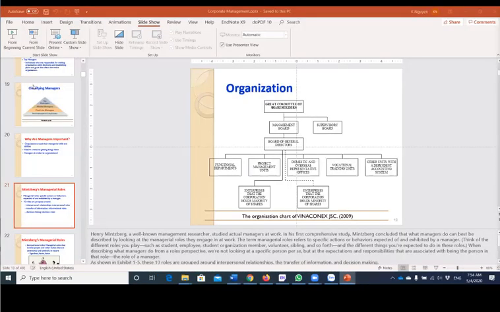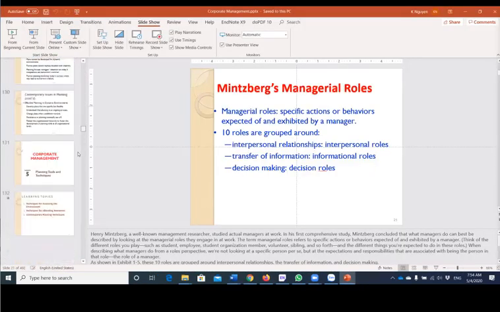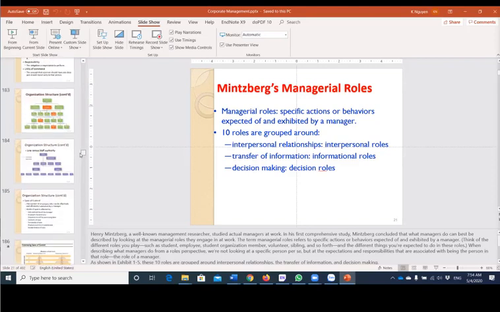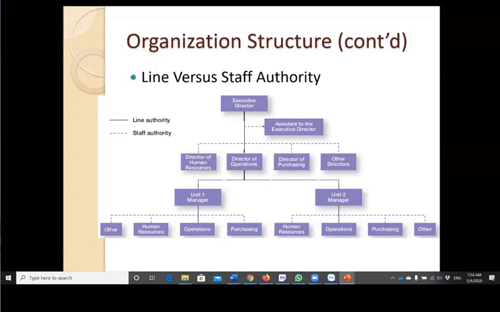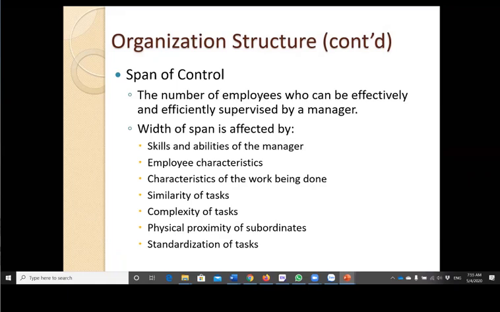Okay. Go back to our slide. The next thing is the span of control.